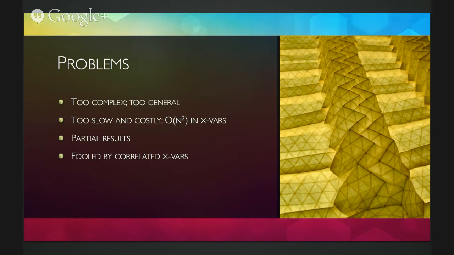A lot of them also are designed for getting partial results, so results only for the most significant contributors. And there are lots of cases where unphysical or strange things can happen because of particularities about the data that are highly correlated. For example, some of the x variables can be highly correlated.